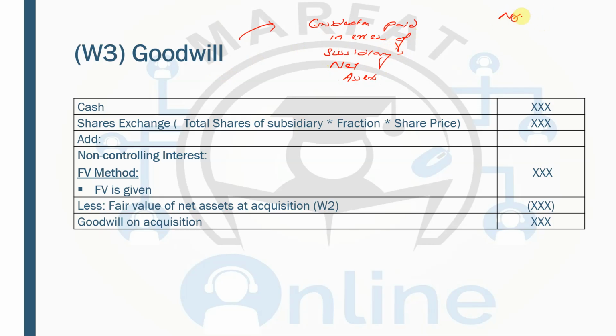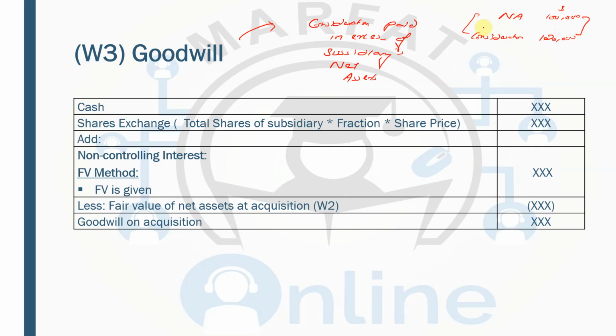Let's assume net assets are $100,000 and the consideration, which is the amount paid by the parent to the subsidiary for acquisition, is $120,000. Then the difference is the goodwill.